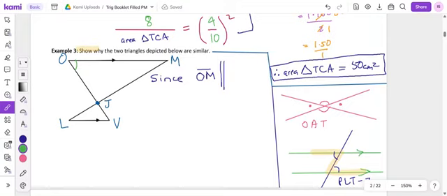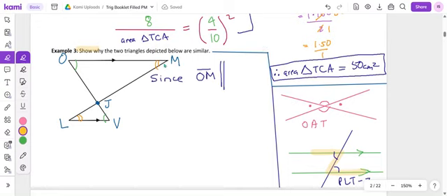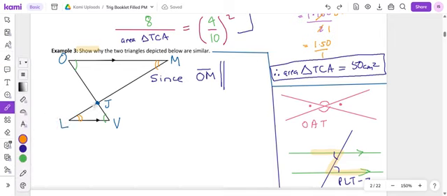Think PLTZ. Good. Which angle is identical to M? L, right? And if I don't know, I actually take out a highlighter and I go Z. Oh, those two inside are the same. Okay. And why can I say angle J is the same as angle J? OAT, right?